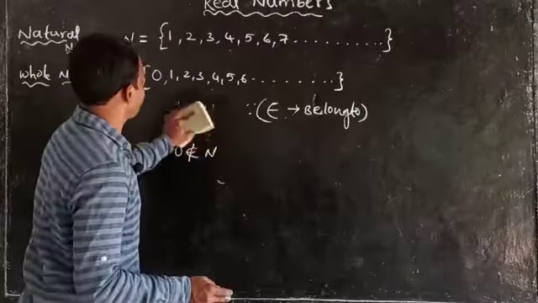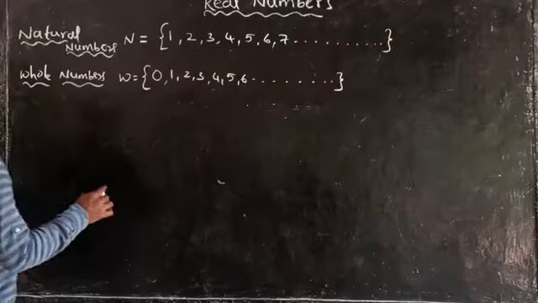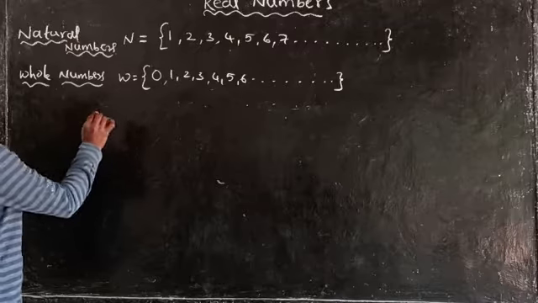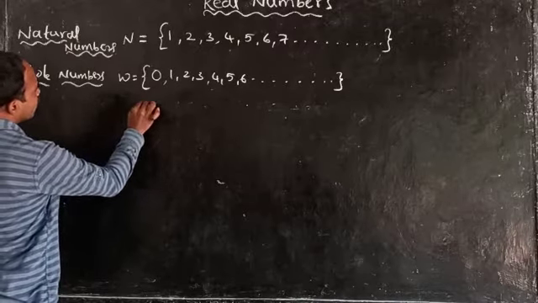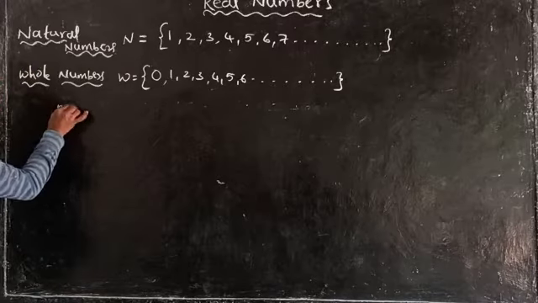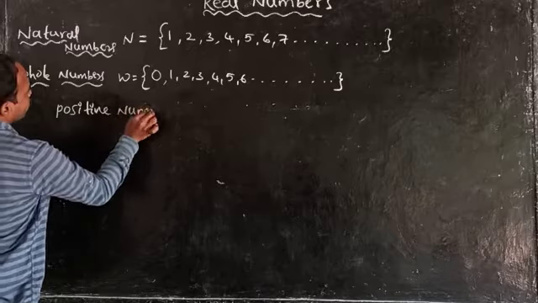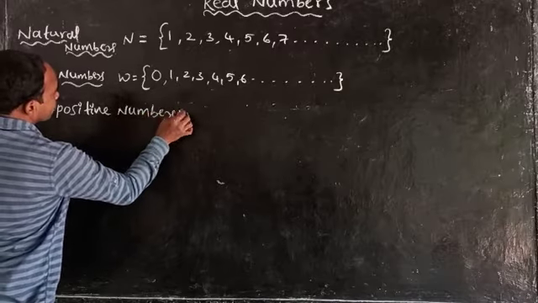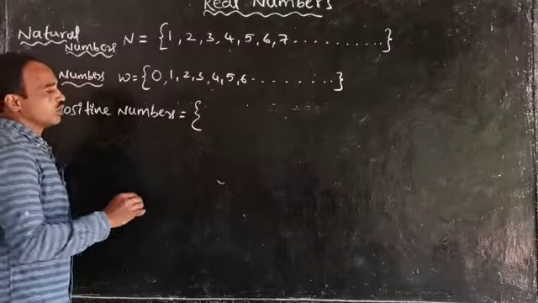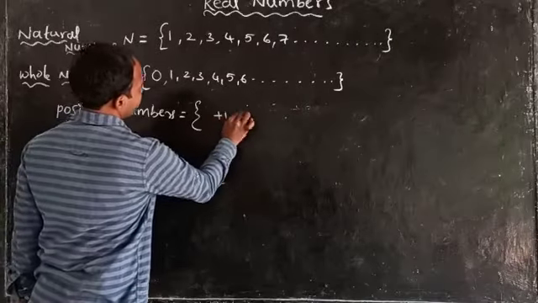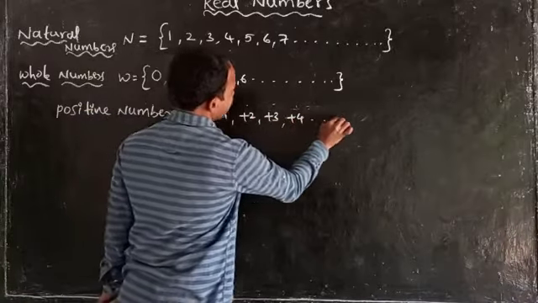So next, another set is called positive numbers. The set of positive numbers means plus 1, plus 2, plus 3, plus 4 up to infinity.